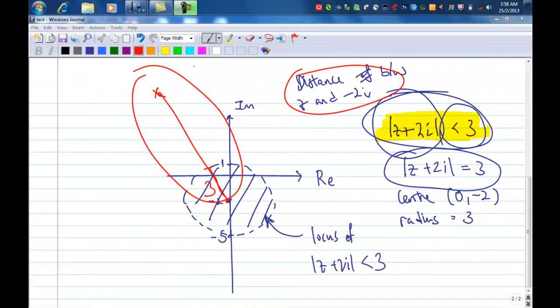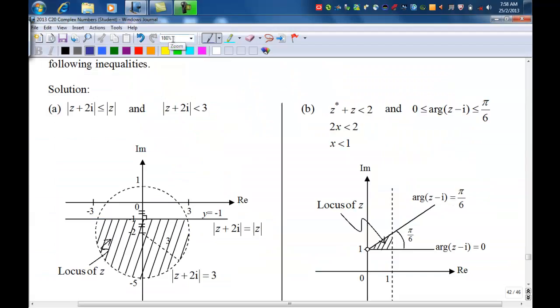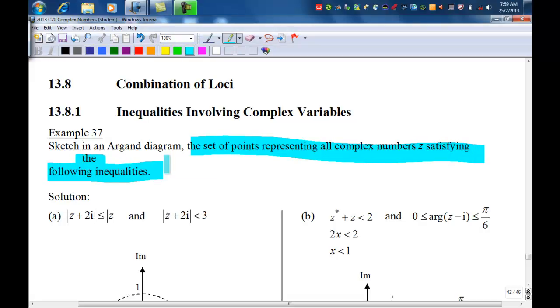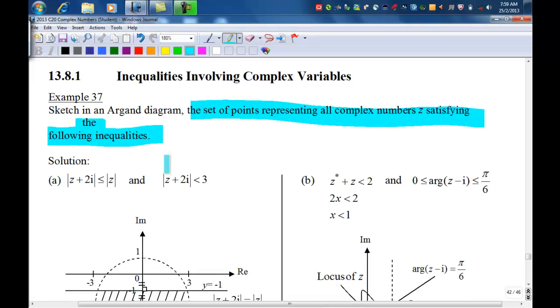Now let's go back to our notes. Now in this last section of the complex number topic, we are looking at inequalities involving complex variables. Now in example 37, they want you to find the set of points representing all complex numbers satisfying the following inequalities. In A, you have a pair of loci.